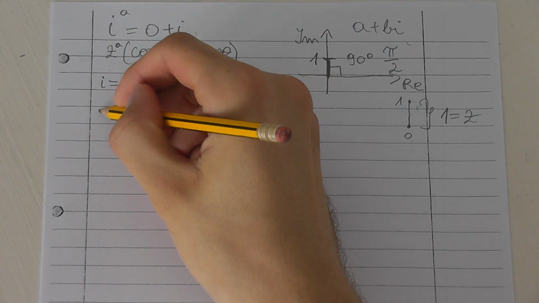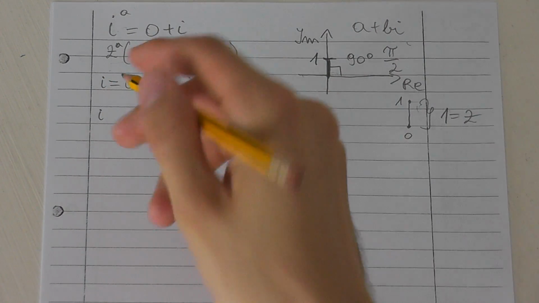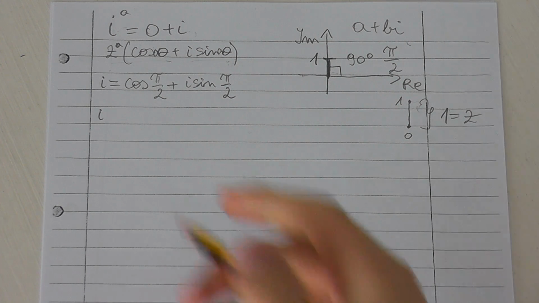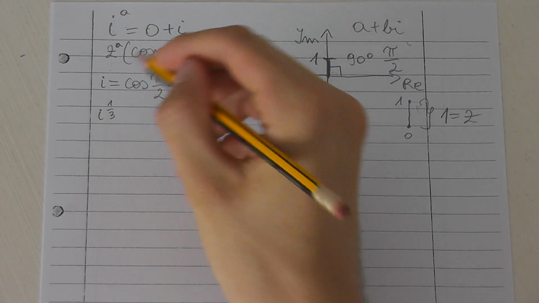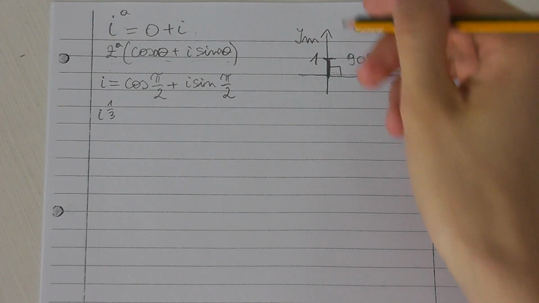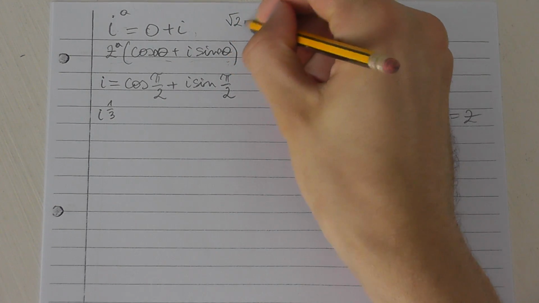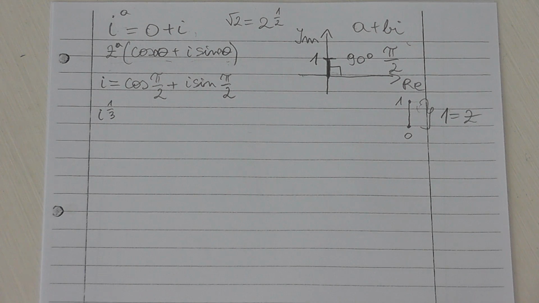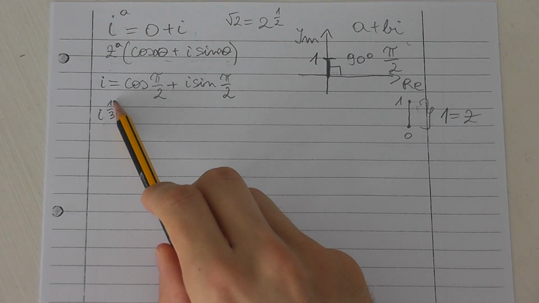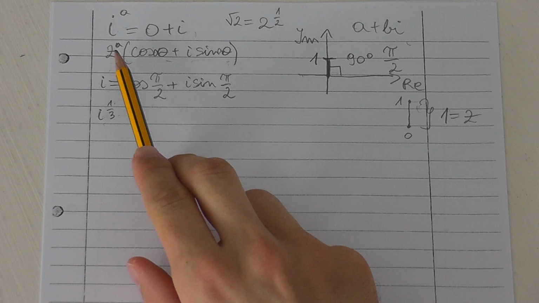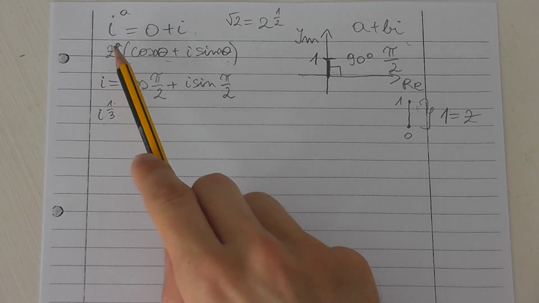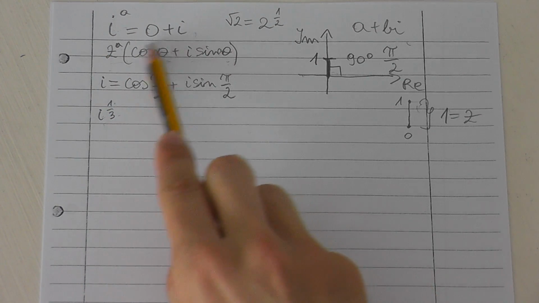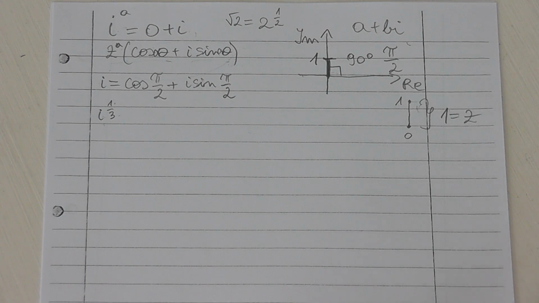In effect, what we're doing here, we need to find the cube roots of i. So we're actually raising i to the power of 1 over 3. Just like when you need to find the square root of 2, you're actually raising 2 to the power of 1 over 2. And so i to the power of 1 over 3 is in fact going to be its modulus to the power of 1 over 3, and then this thing inside here with one notable difference, which is going to be the key to finding 3 cube roots.